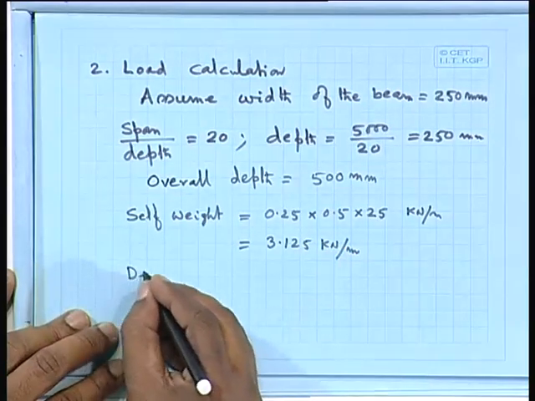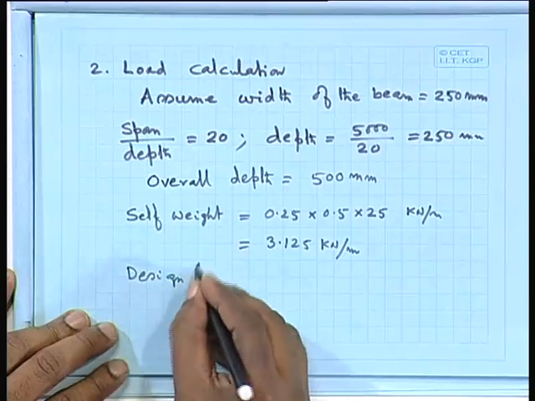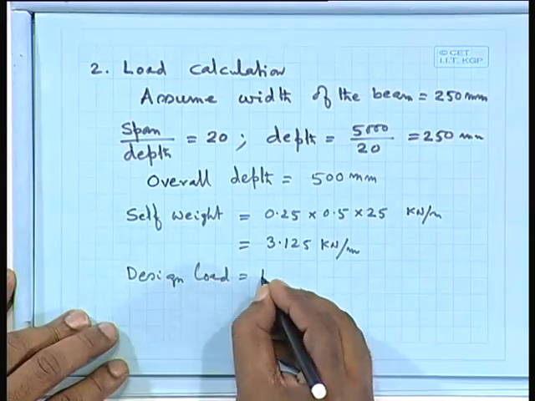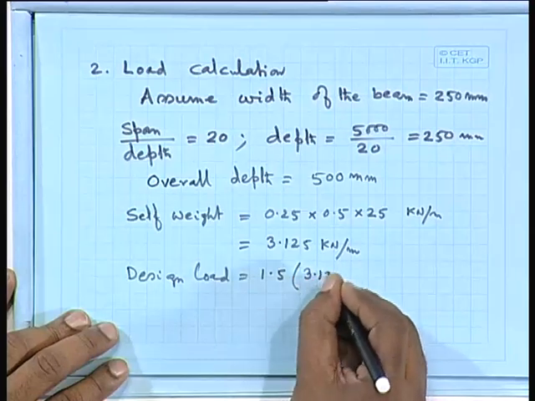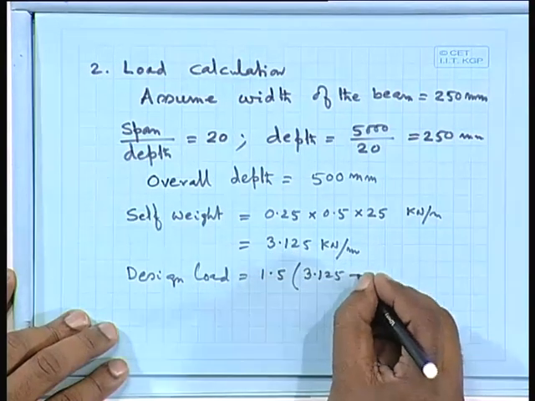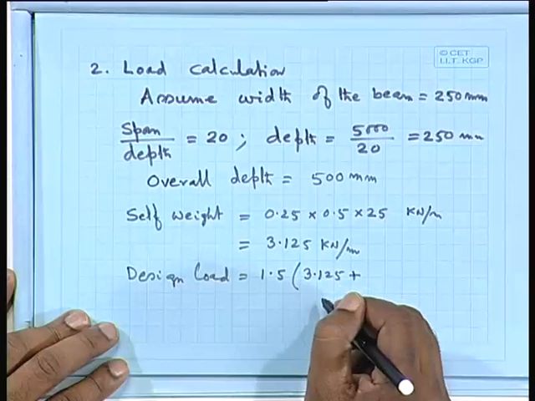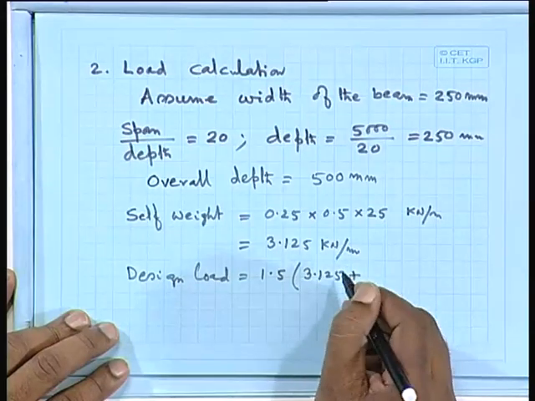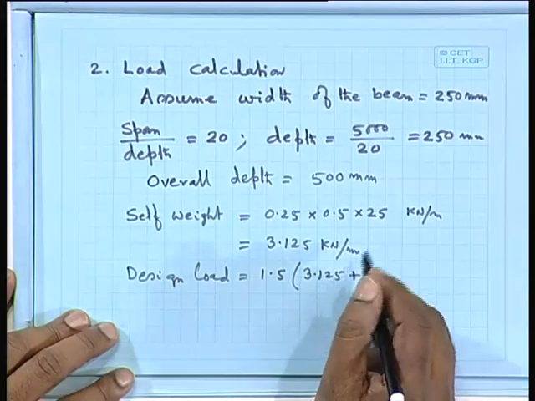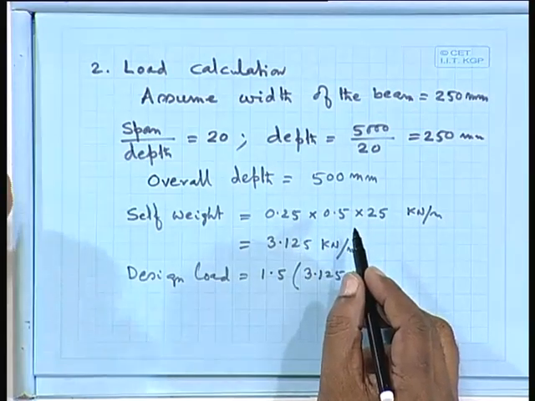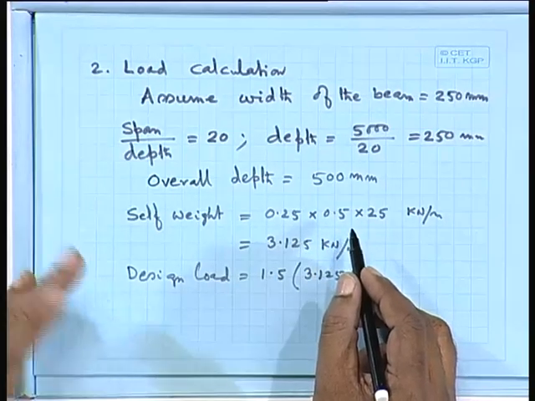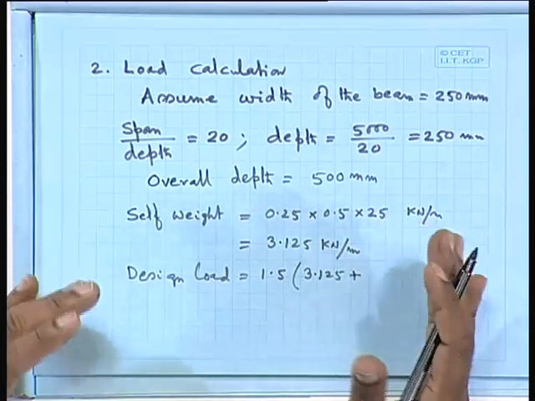Design load: 1.5 times 3.125 self weight, approximately you can say 300 kg per square meter. In a few cases, instead of going directly, we can take say 400 kg per square meter also; sometimes we take it that way.